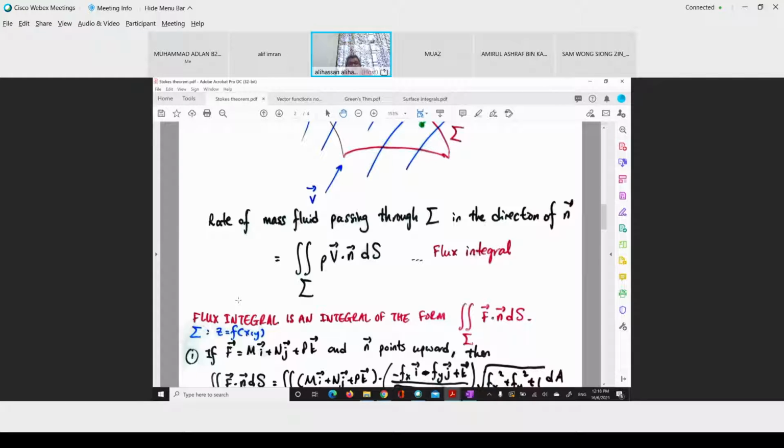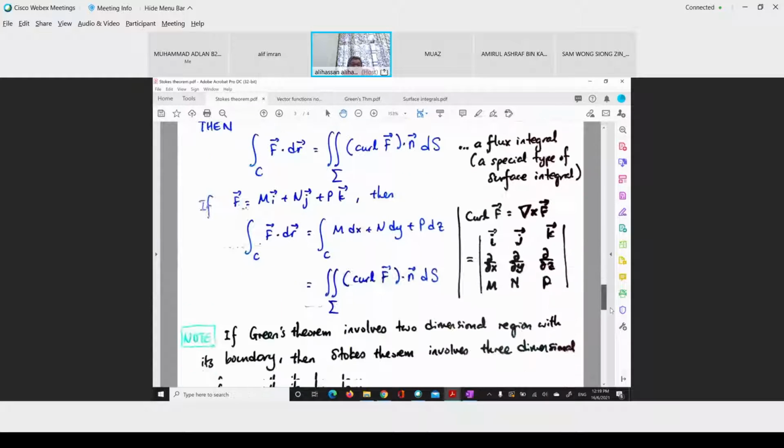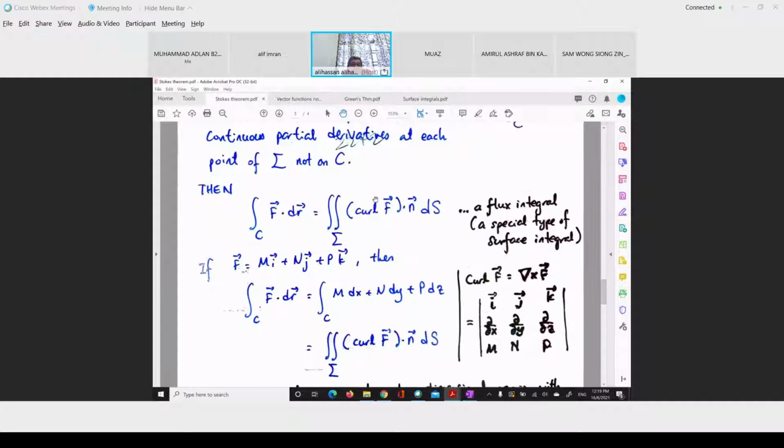Now, how do we evaluate a flux integral? Because the surface integral in Stokes' theorem is actually a flux integral.